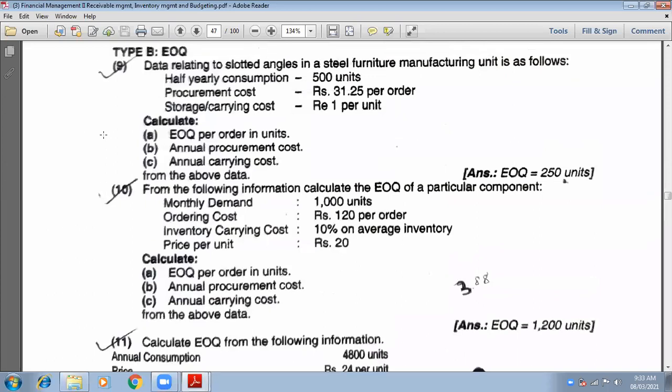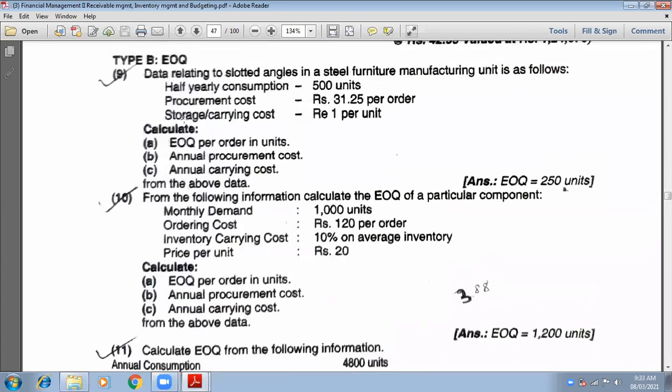See, half yearly demand, half yearly consumption is given, 500 units. So you have to multiply it with 2. Procurement cost, meaning ordering cost per order, is 31.25. And storage or carrying cost, meaning inventory carrying cost, is rupee 1 per unit. Everything is given, and you just have to calculate all the formulas.